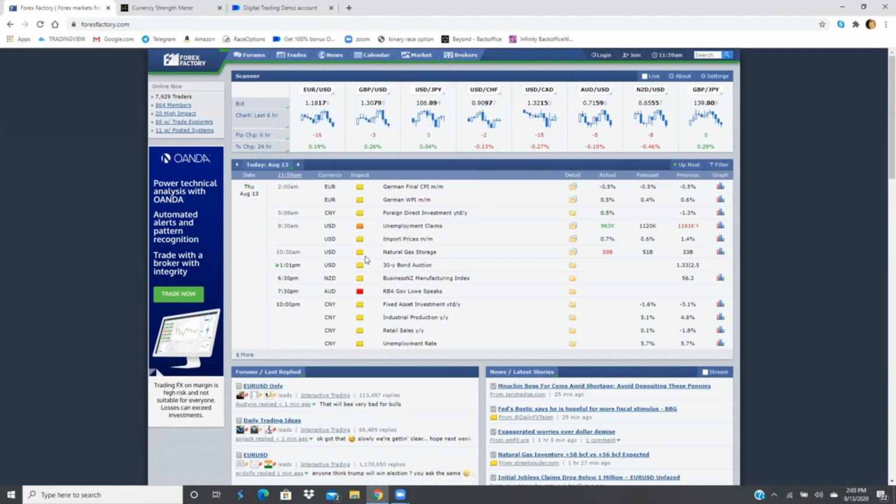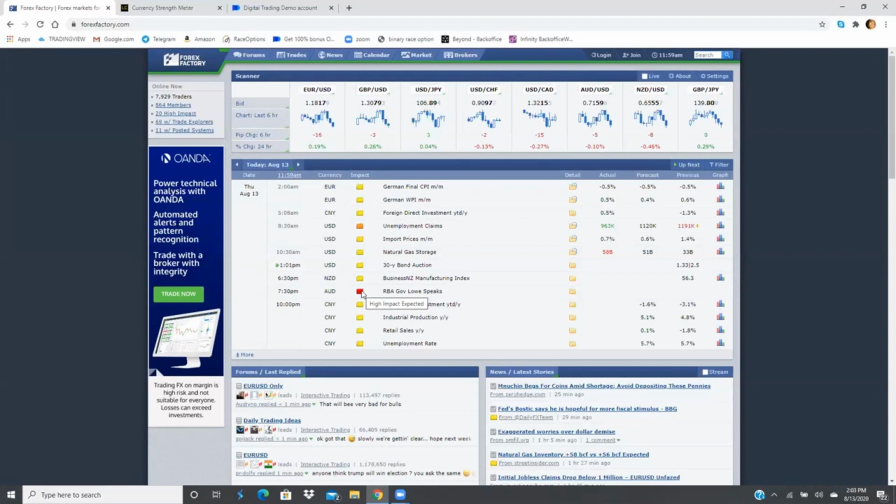So orange is medium, and then red is high impact news. Here later today, 7:30 p.m., Australian dollar has a red folder, meaning high impact news. So you definitely want to stay away from this currency when you see a red folder for high impact news. You should just stay away, especially as a beginner trader.